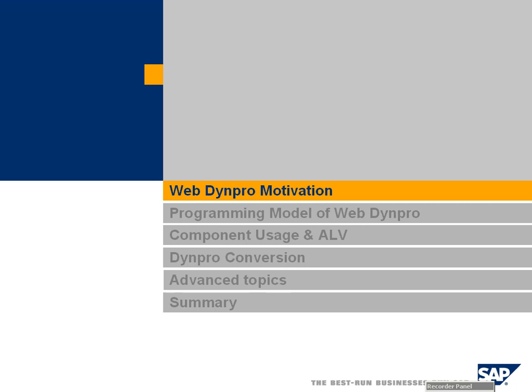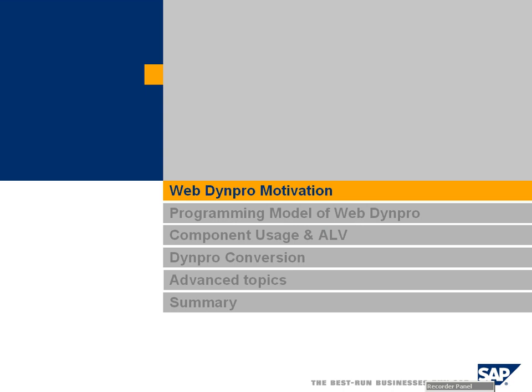Let's get started. The agenda for today will be, we'll see a few motivation slides for Web Dynpro. What is Web Dynpro and why do we need it? The programming model of Web Dynpro, and we'll also see how to reuse the Web Dynpro component.